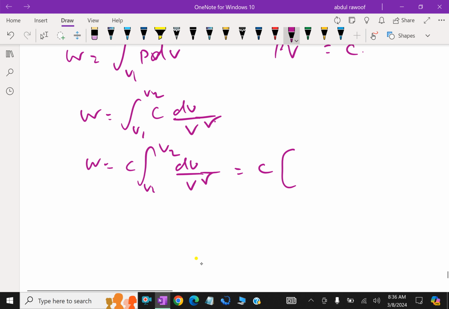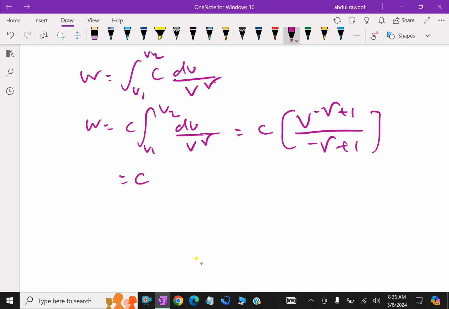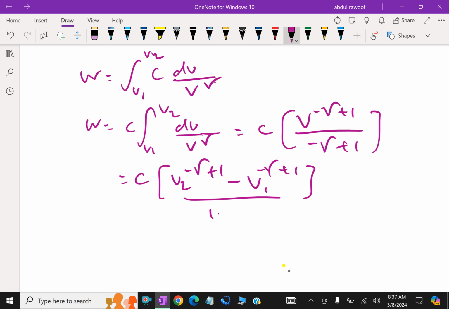We know that V power minus gamma plus 1 over minus gamma plus 1, which is equal C, applying the limits V1 and V2, we get V2 power minus gamma plus 1 minus V1 power minus gamma plus 1 over 1 minus gamma.